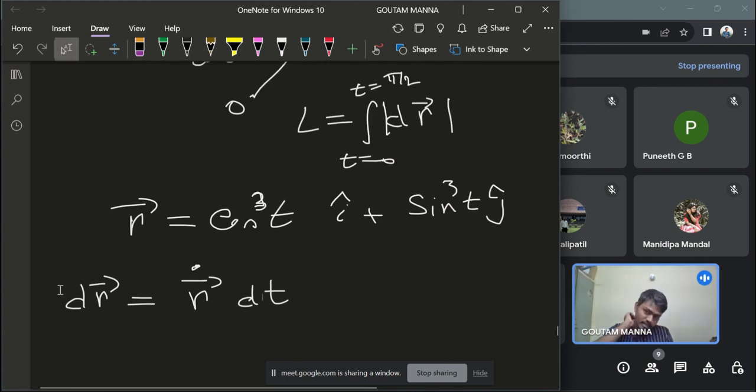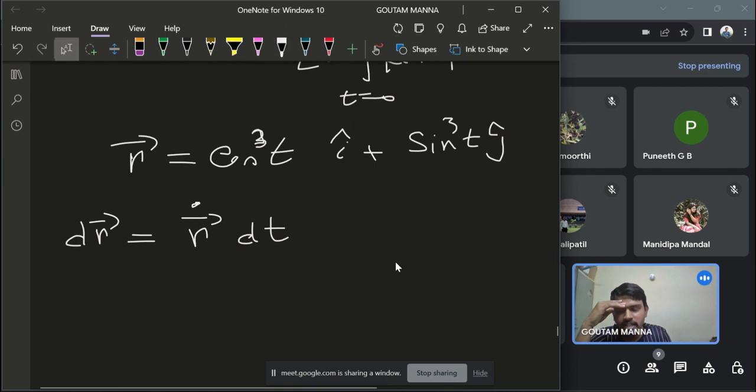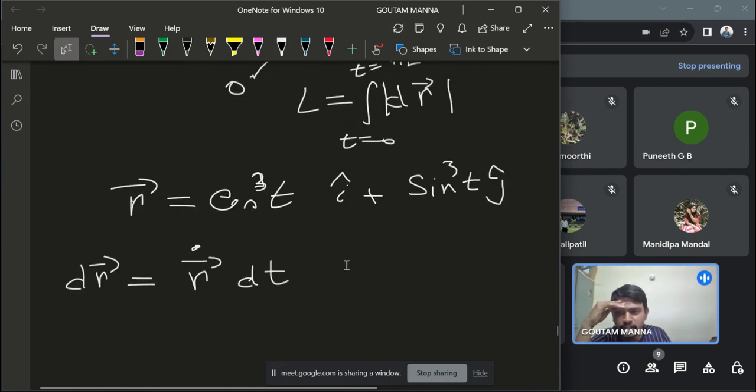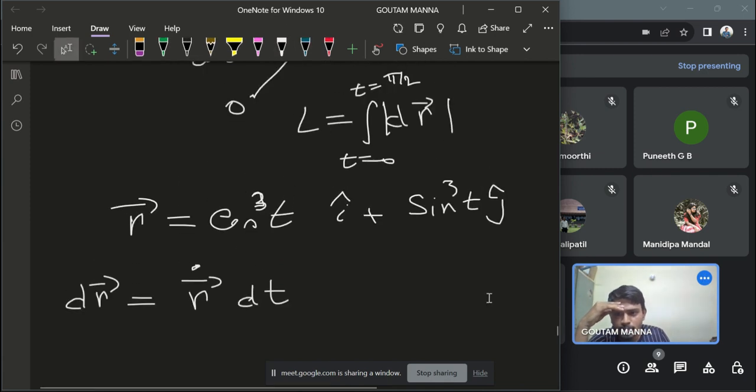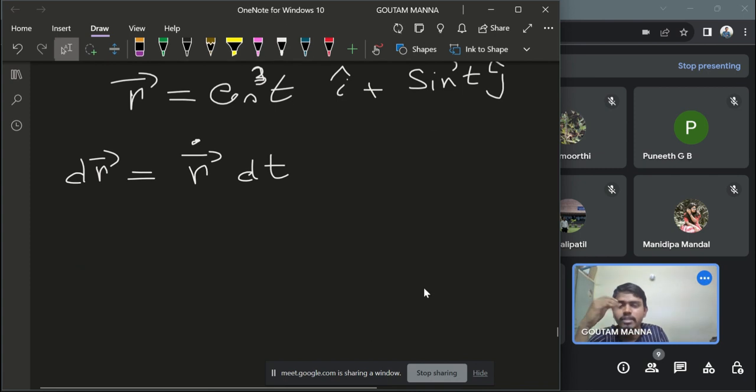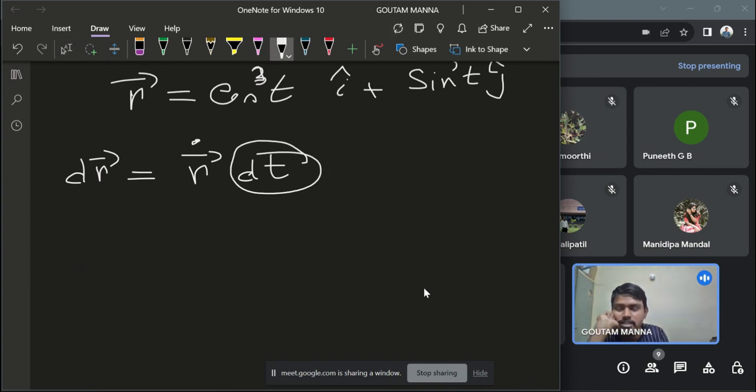What does dr signify? Dr signifies that if we make an infinitesimal change in t, that is dt, what will be the change in r? The rate of change of r is r dot. So r dot is the rate of change of r with t, and if we multiply it with the change in t, we will get the change in r.